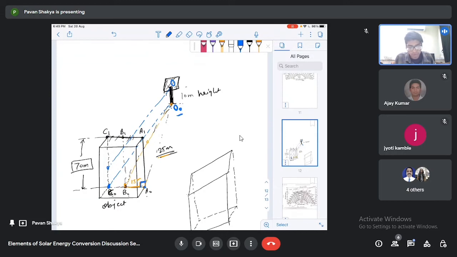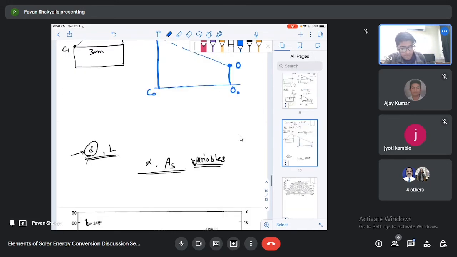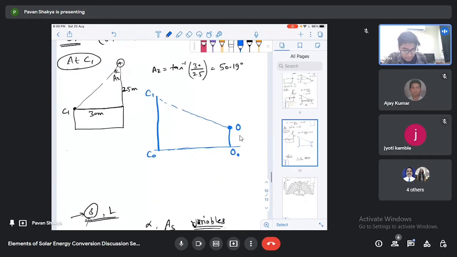So O naught C naught will be equal to under root of A naught O naught square plus A naught C naught square. Okay, so now here I am writing directly that it is equal to under root of the distance 25 meter square plus 30 square. Okay, when you solve this you will find that this value comes out to be 39.05 meter.